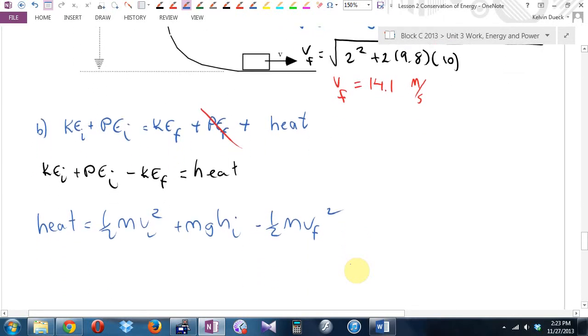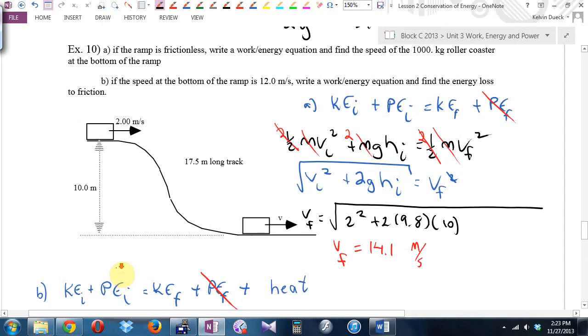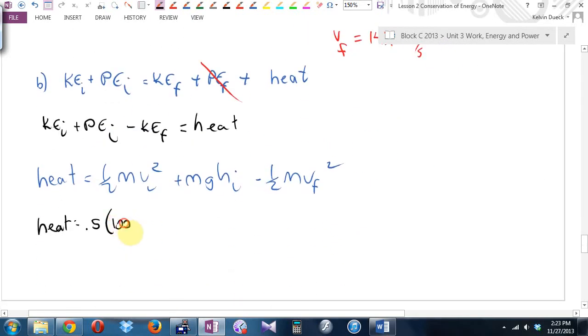So heat is going to be 0.5. Was the mass 1,000? I picked a nice number, yeah? 1,000 times 2 squared plus 1,000 times 9.8.